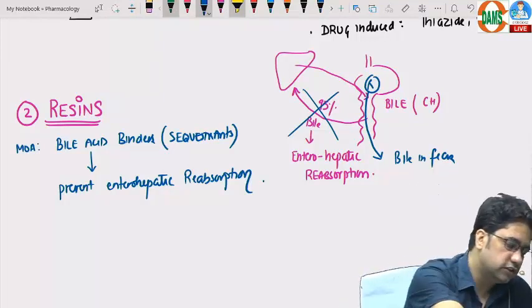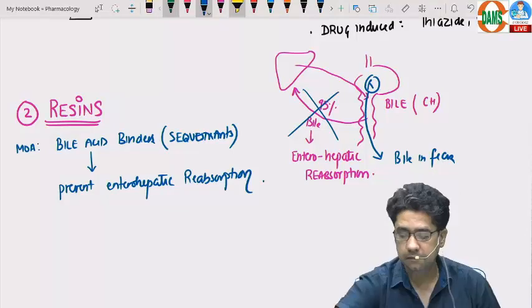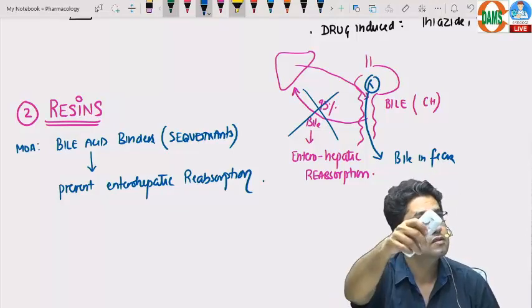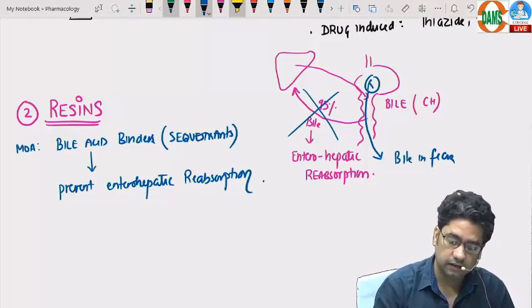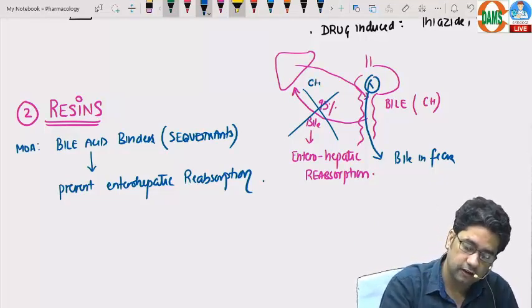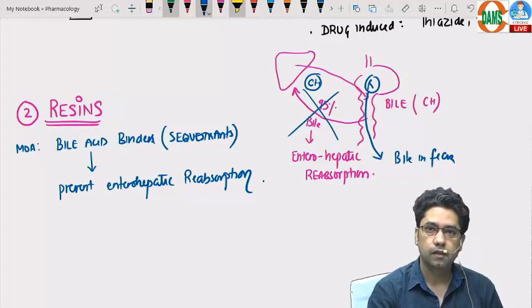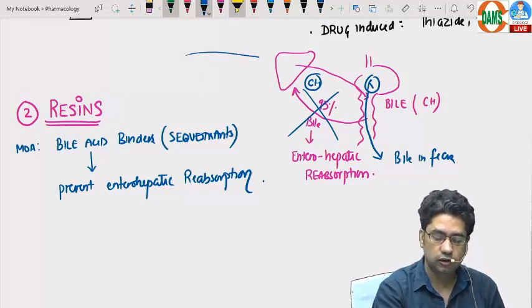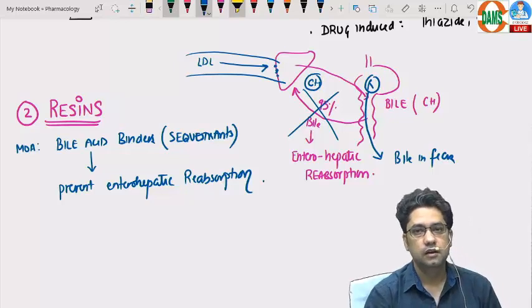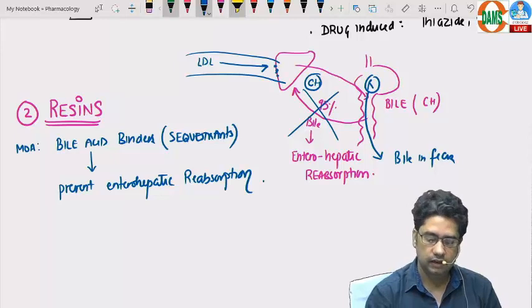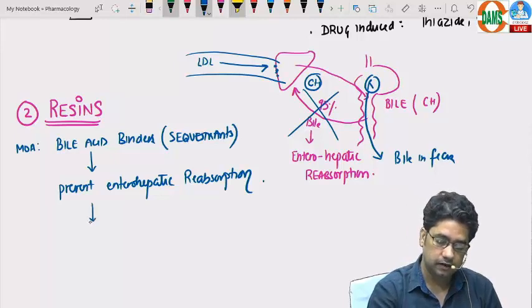Bachcho, I want to ask you one thing. Tell me the answer. Liver is not getting cholesterol from bile. If liver now needs cholesterol, what will happen? The only cholesterol donating species will be LDL. Liver is now not getting cholesterol from bile, so liver will acquire cholesterol from the blood.